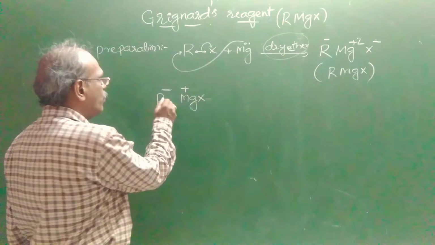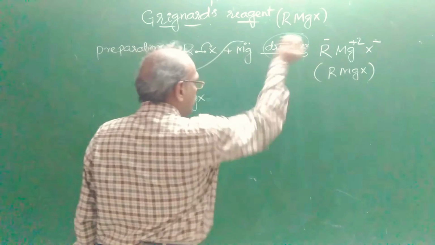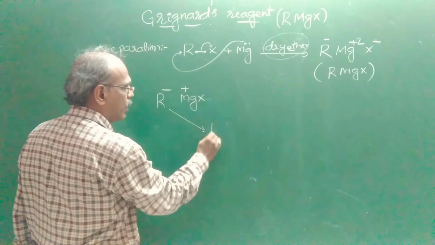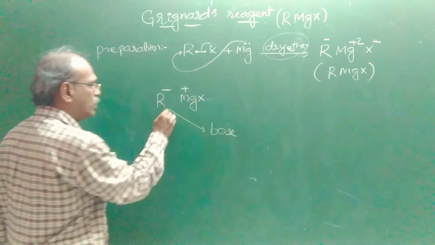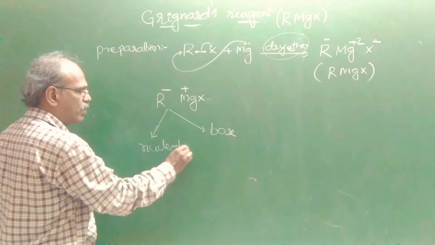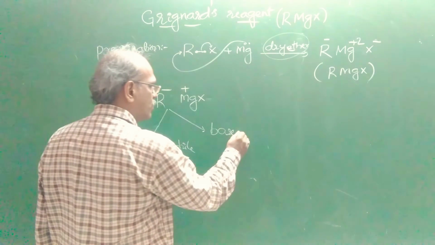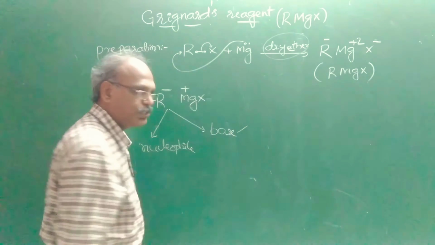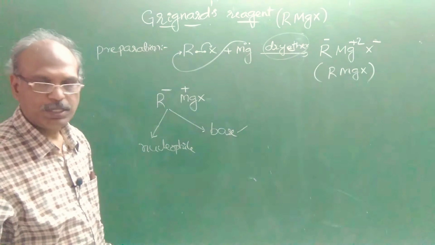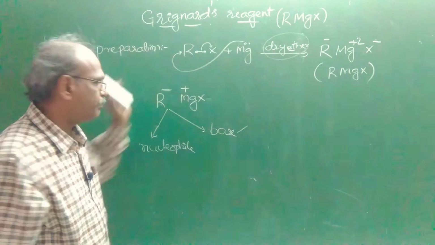Now if you look, this carbon part has a negative charge. Because of that negative charge, this R minus can act as a base or as a nucleophile. There are 2 possible ways for R minus. As a base, it may undergo acid base reactions or even carry out elimination reactions, depending upon the structure of the substrate.